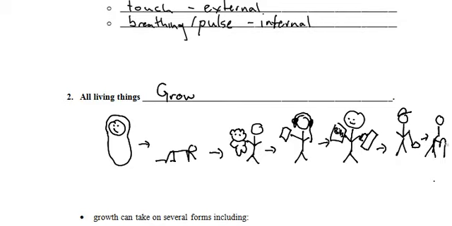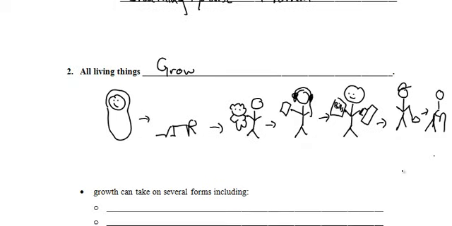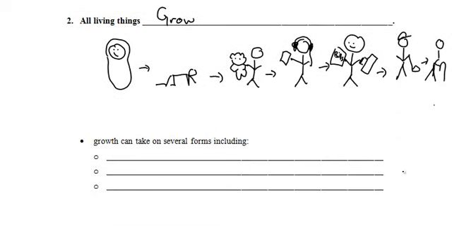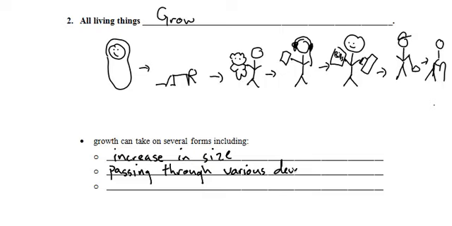All living things, even though they don't go through the same stages, do grow. And growth can take on several forms, 2 of which we've seen in the above picture. Even though I didn't draw it to scale, we looked at increase in size over time, and we looked at passing through various developmental stages.